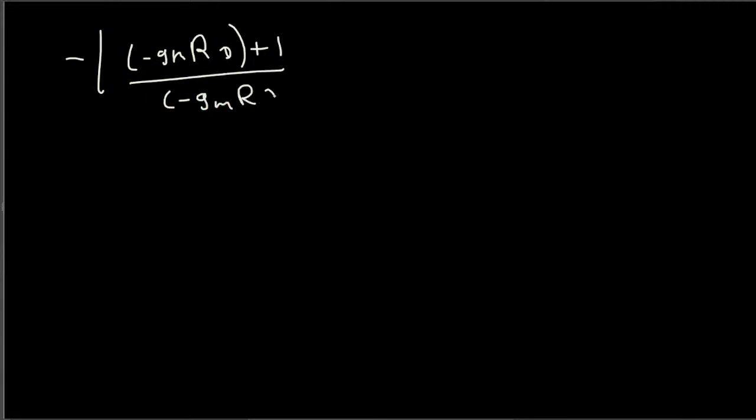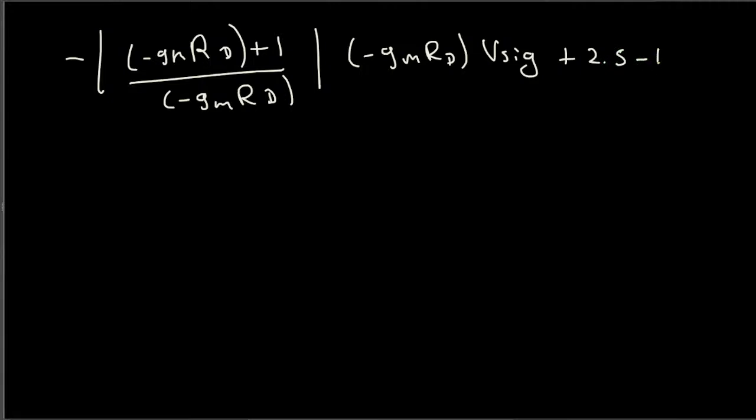So if we rewrite the equation in terms of that, then the whole thing becomes minus GMRD plus 1 divided by minus GMRD, and then minus GMRD times vsig, plus, instead of VGD, we put 2.5 minus IDRD, and the whole thing should be greater than VTP.